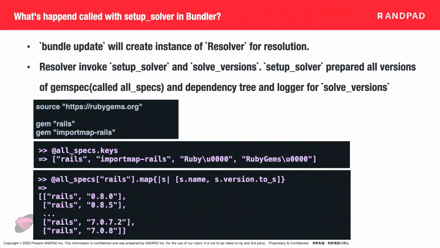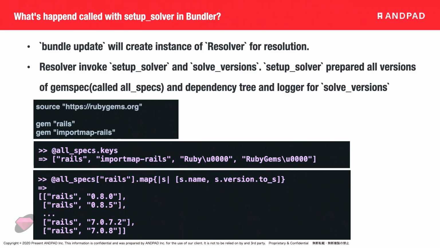So finally, the resolver has all the versions of Rails and importmap-rails, which we can inspect in a bundle like this. So all_specs, and Rails and importmap-rails are extracted internally.